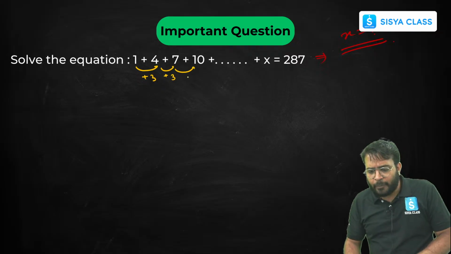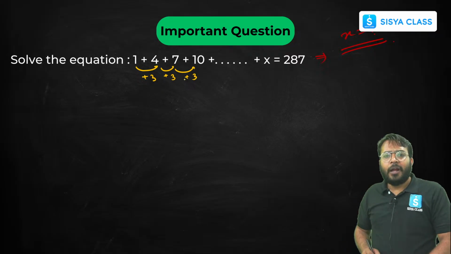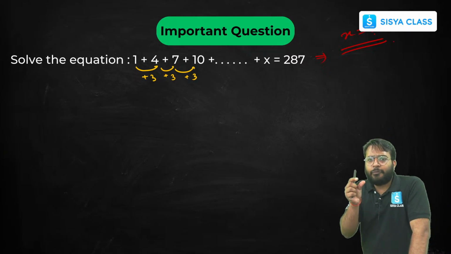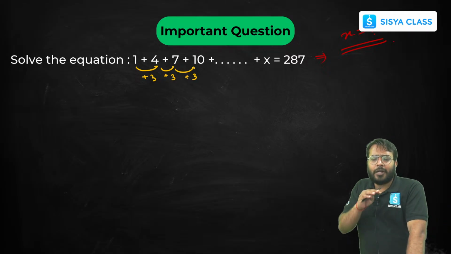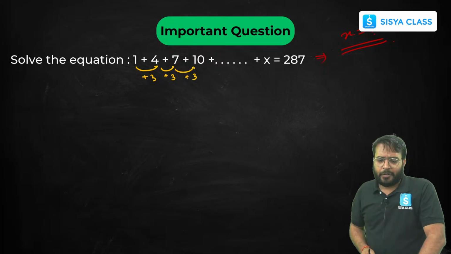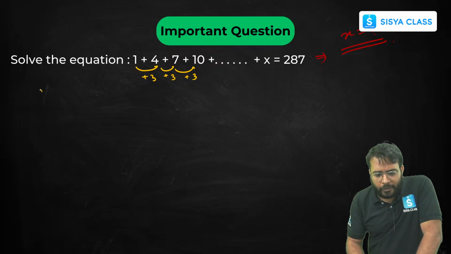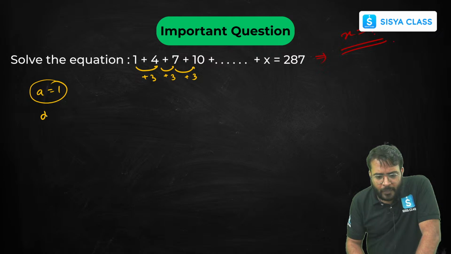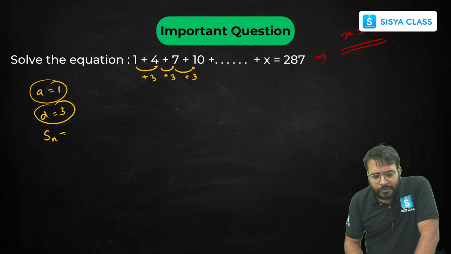When I add 3, I get 10. Each time I am adding a fixed quantity, and that's why it forms an AP, where the first term is a equal to 1, the common difference is 3, and the sum of n terms is 287.